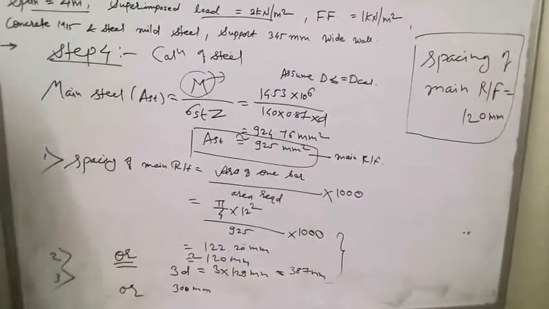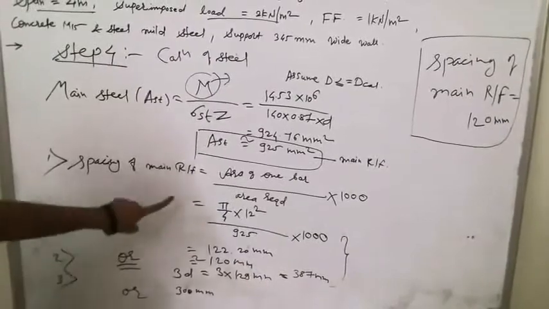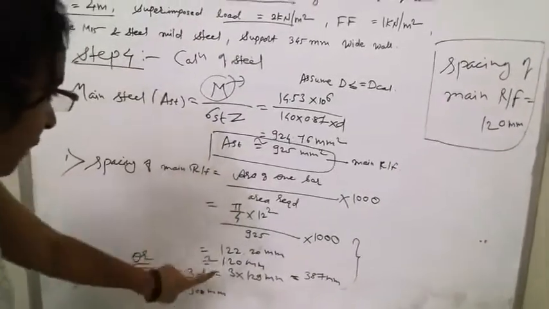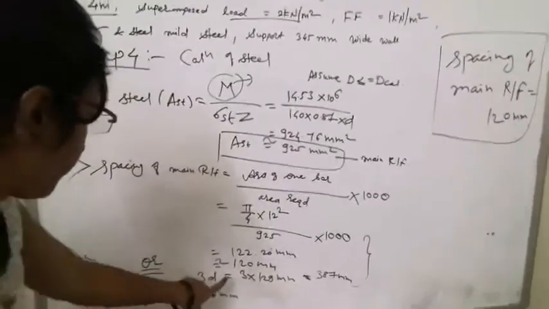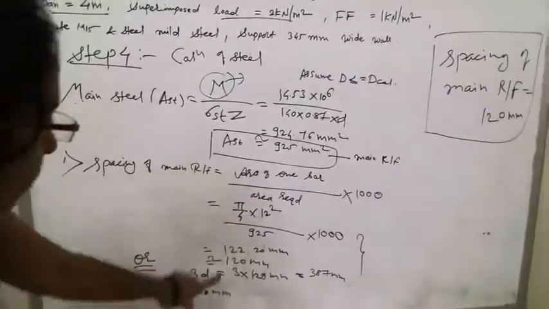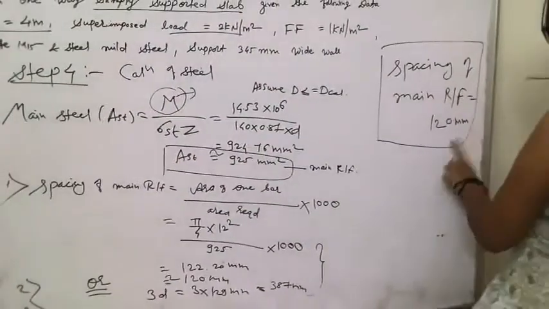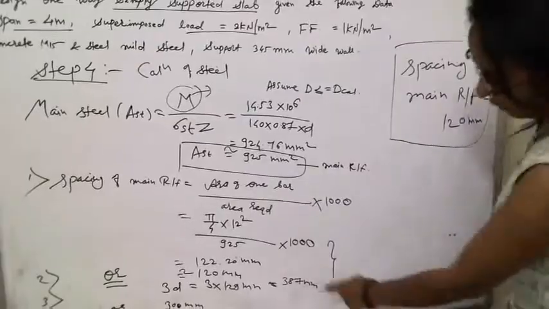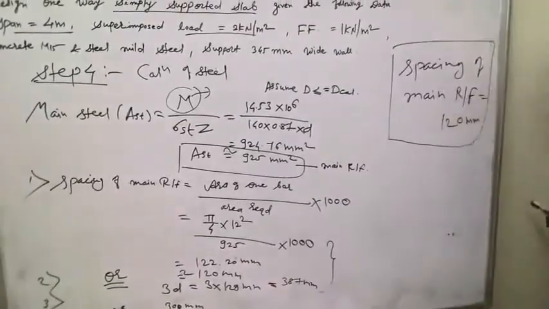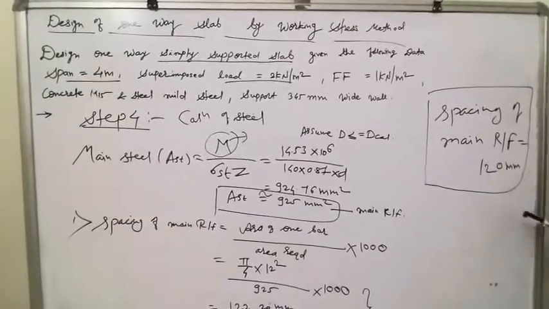We can decide the spacing of main bar by using these three clauses. Whichever value is smallest, we take that as the spacing of main bar. Which value is smallest here? 120. That's why we have taken the spacing of main bar as 120.